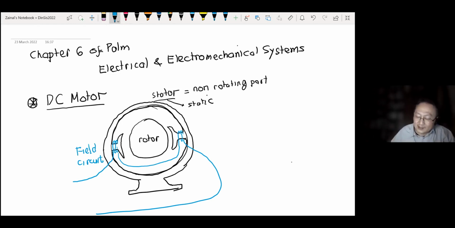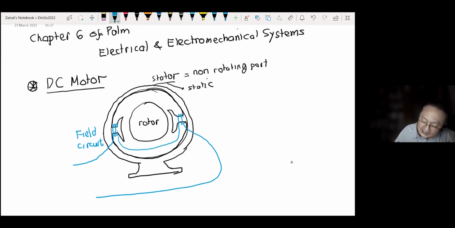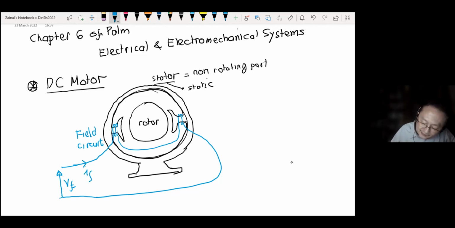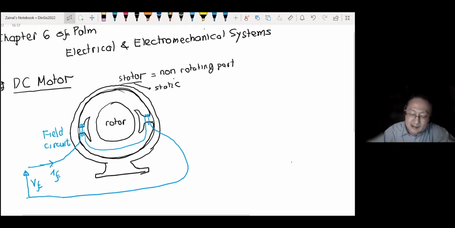Here we apply voltage to the field, the field voltage, and we have current, I field. In the rotor we also have, so this one is the rotor.